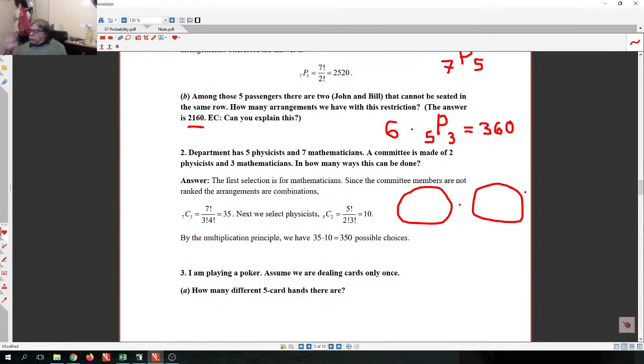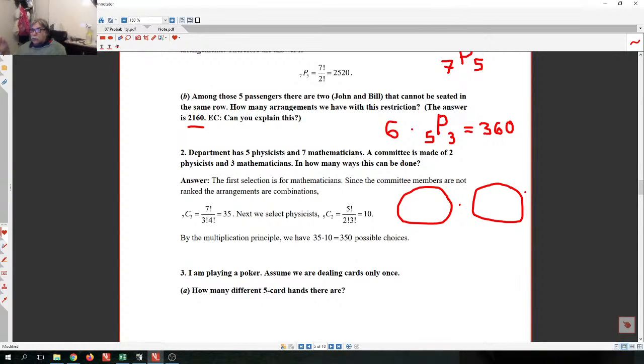In how many ways can you get mathematicians? You have to have 3 out of 7. 7 available, 3 that you are choosing. You cannot repeat, so you cannot have John and John and John. That would be just 1 person. So no repetition. Also, the order doesn't matter. Why? Because the committee is not ranked. You just need 3 people. It's not that you need a chair, then a vice chair, then a secretary, stuff like that.